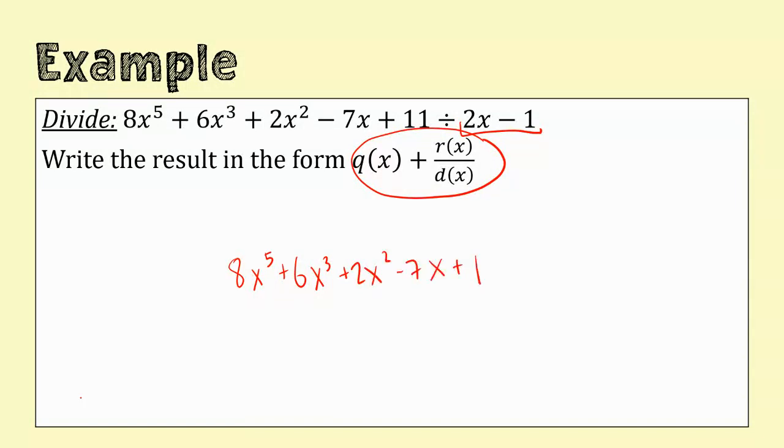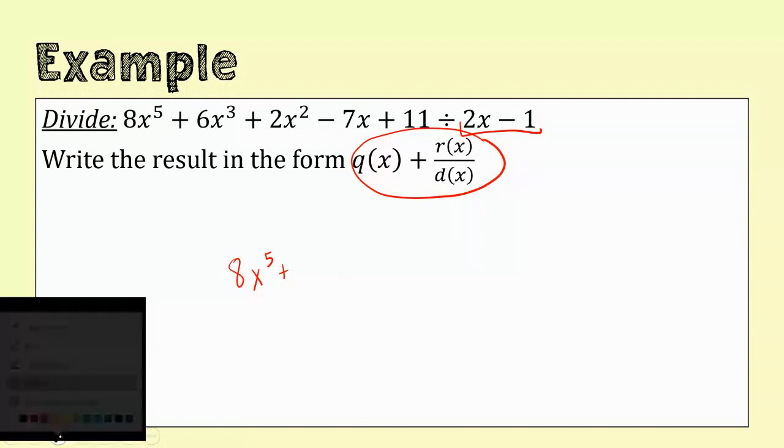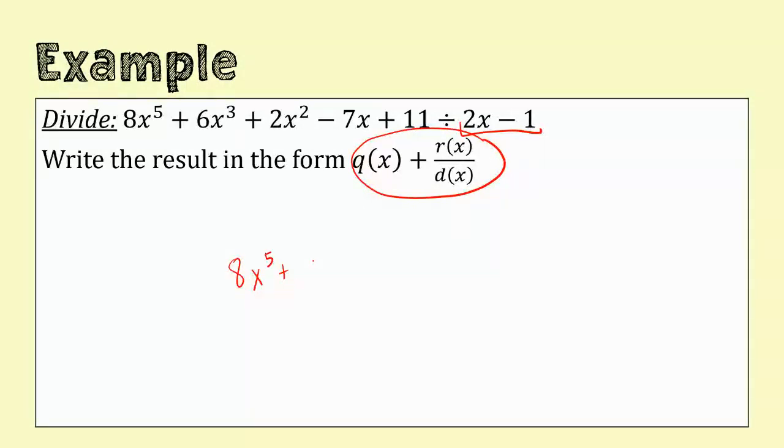So I'm going to rewrite it. Oh, I think I was missing a term, and I want to actually write a 0 in for it. Personal preference. And this is getting at long division, not synthetic.